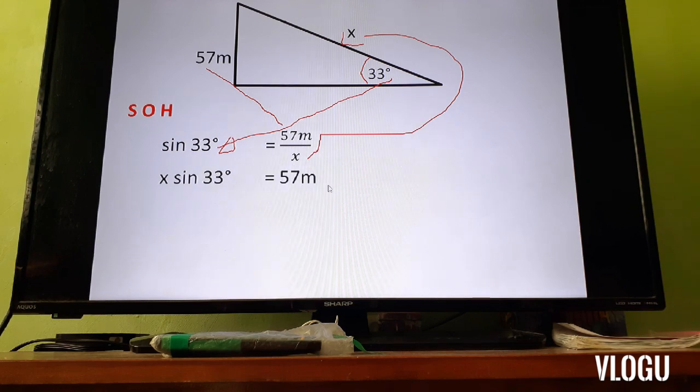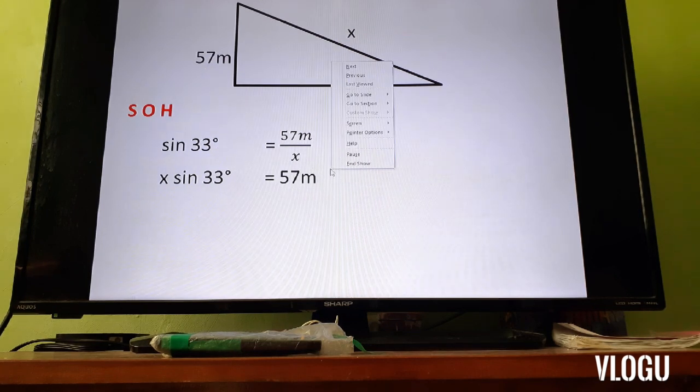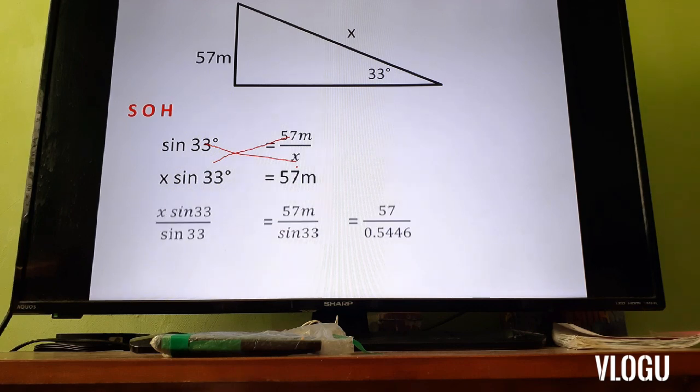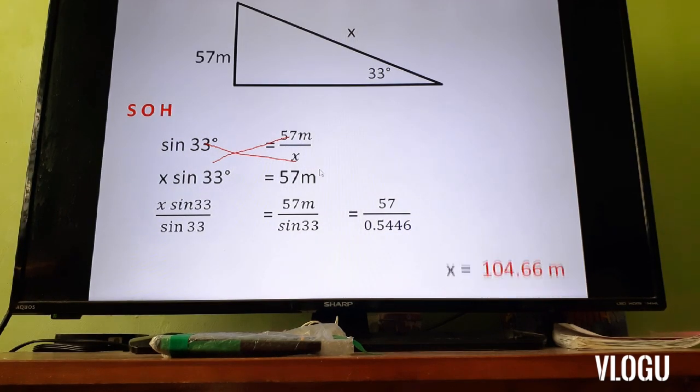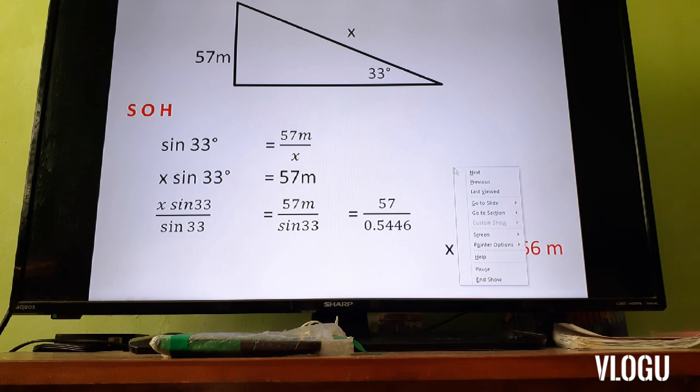So therefore, I have to multiply x times sine 33 degrees, which is equals to 57 meters. Then after we have cross multiplied the given expressions, we're now going to divide both sides to eliminate the function dito sa left side, so that ang matitira na lamang po natin is the x value.